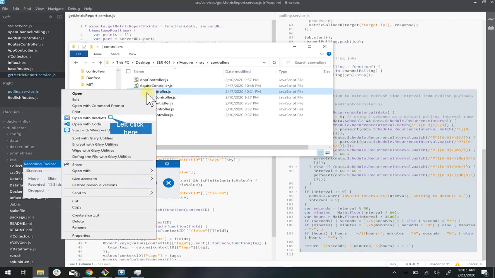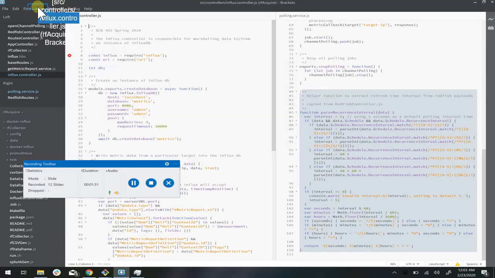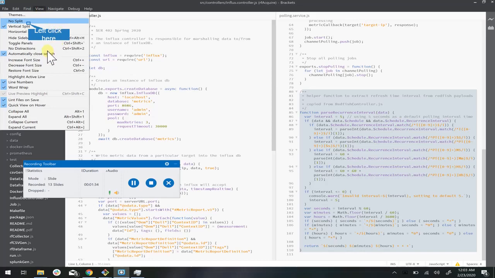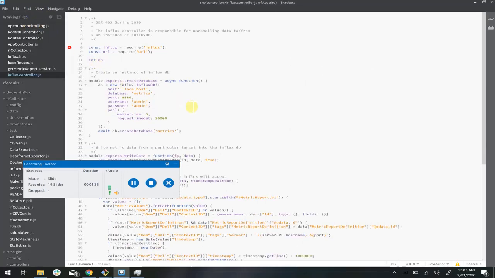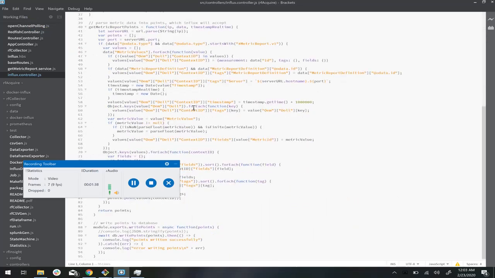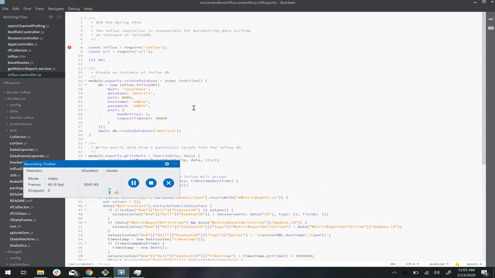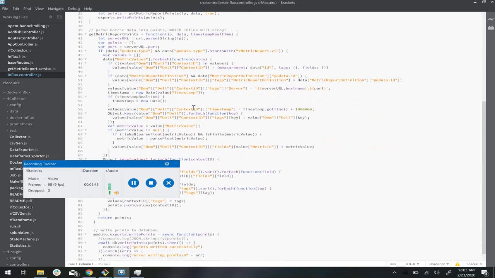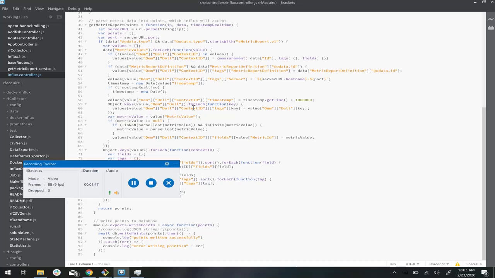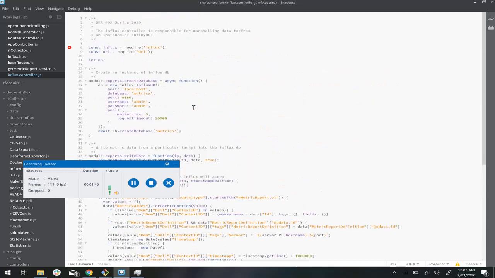So the influx controller now only handles the basic writes instead of all of the parsing and metric definition. Those are handled in our external sources or services.